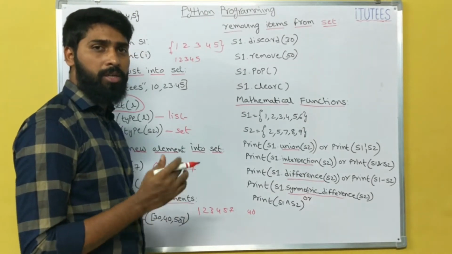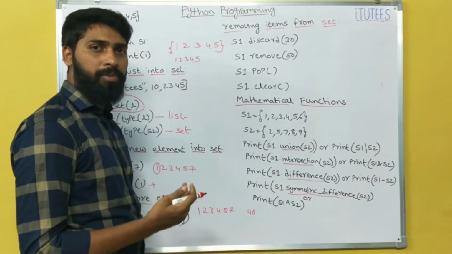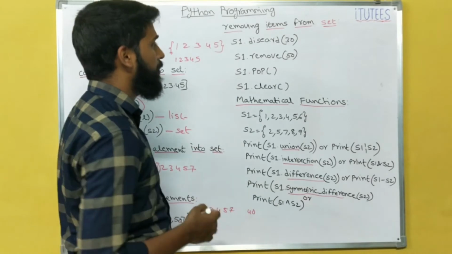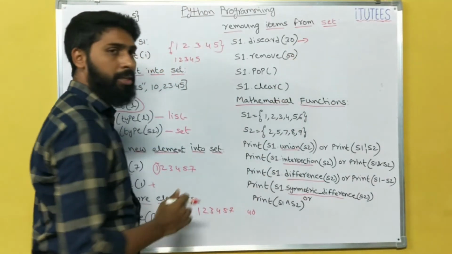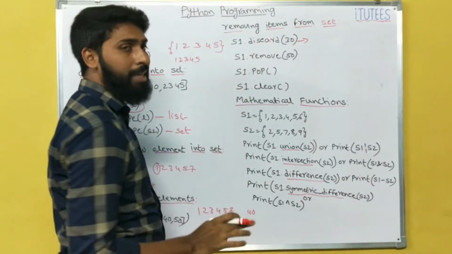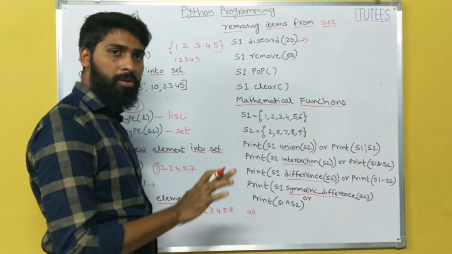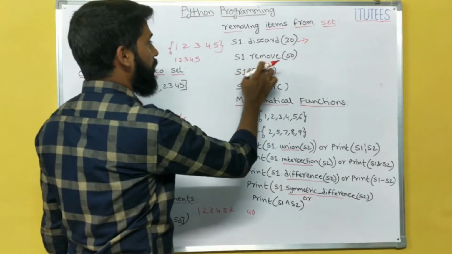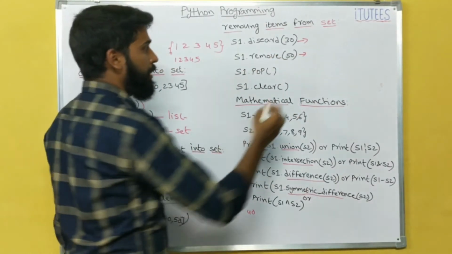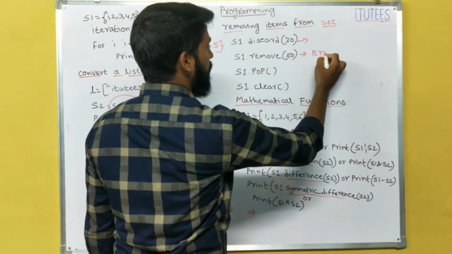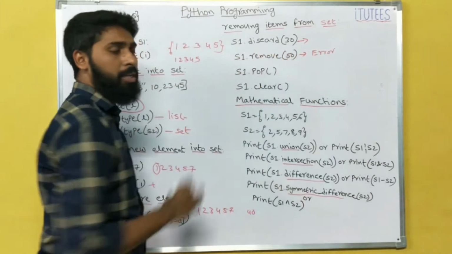These two functions are used to remove elements from the set. What is the difference between these two? If 30 is not in the set, discard does not return any error. The flow control goes on. With S1.remove(50), if 50 is not in the set, then it returns an error. So that is the difference between discard and remove.